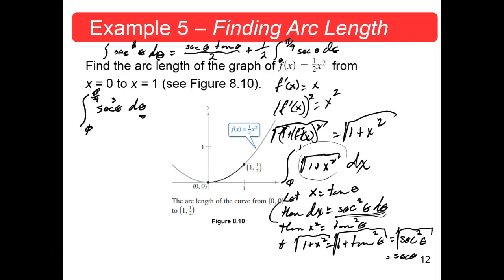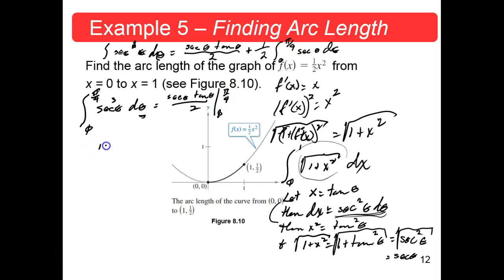Well, we got the first part of it okay. So I'm going to write that part down. That's equal to secant theta tangent theta over 2. Now we've got to evaluate that from 0 to pi fourths.